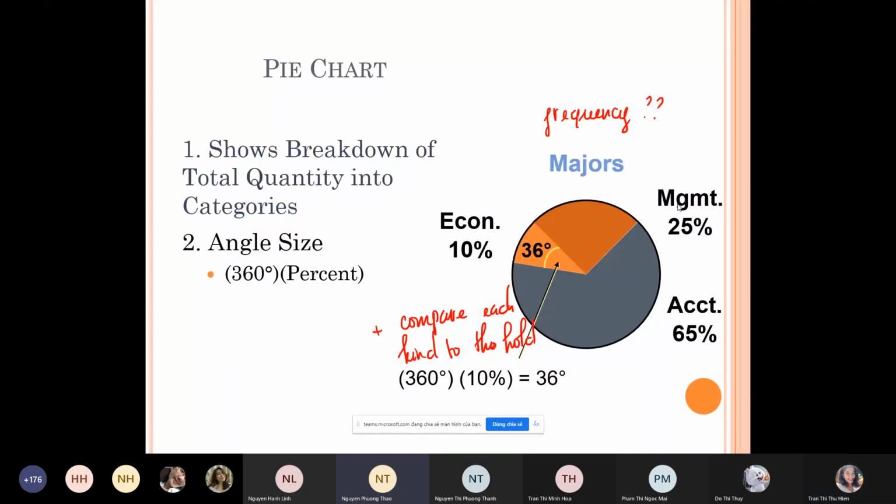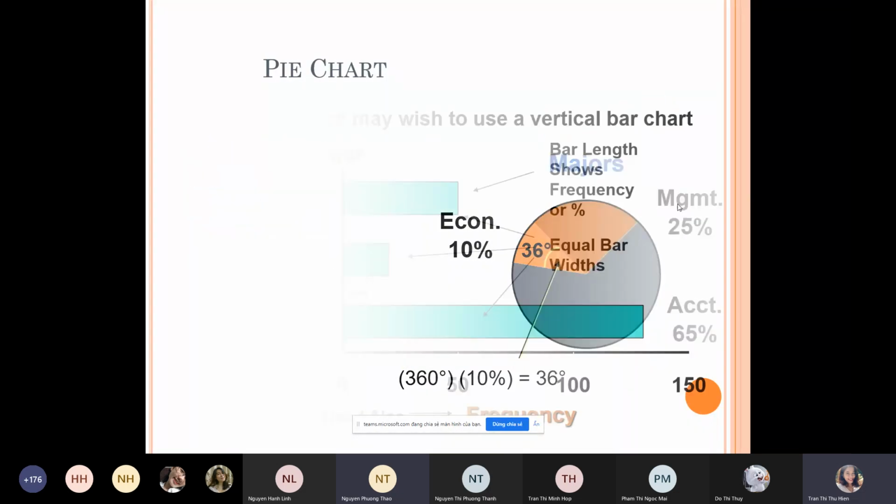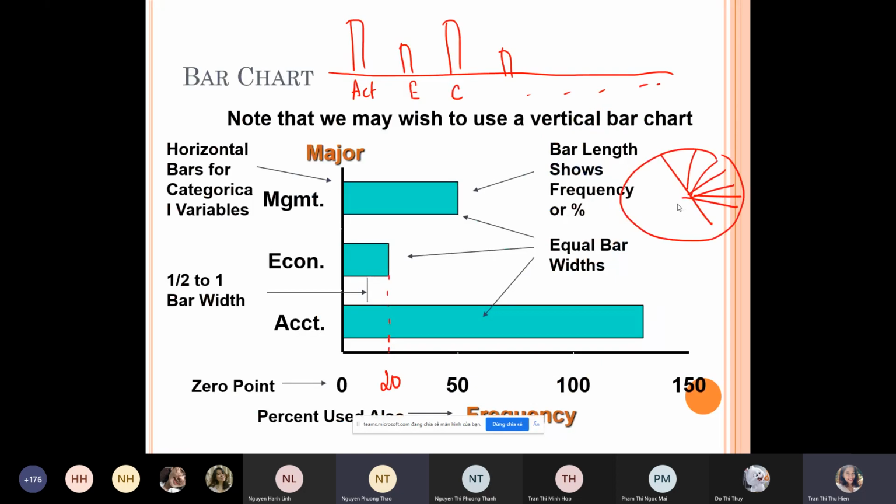So overall, the bar chart gives much more information visualization than the pie chart. And in some cases, it depends on your situation, right? Sometimes you want to focus on the proportion, and sometimes we want to focus on the information for each kind of variable. So based on your situation, you can choose the graph.